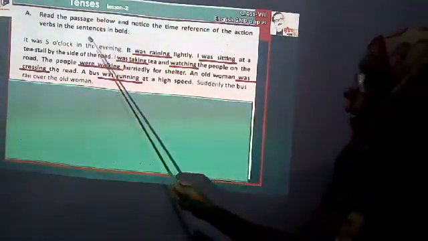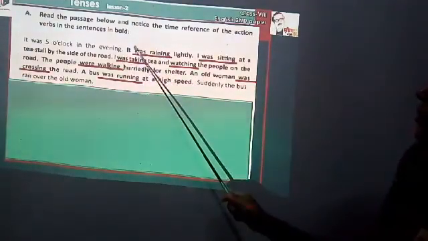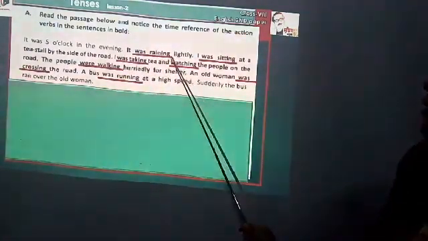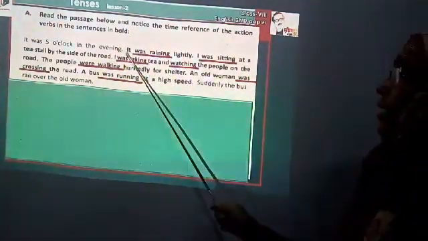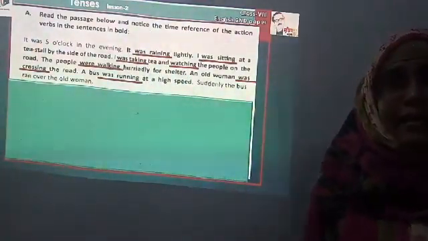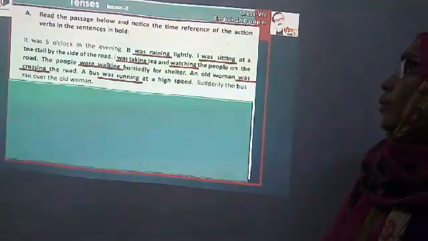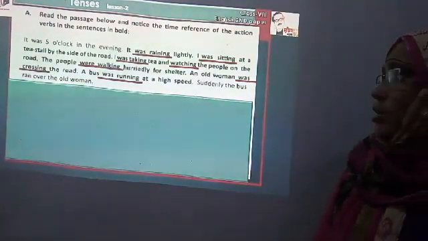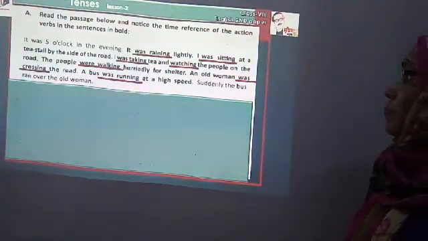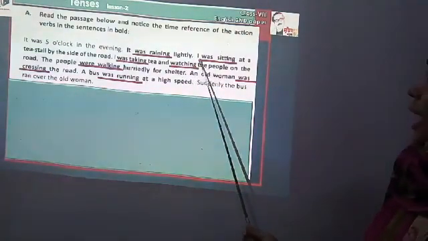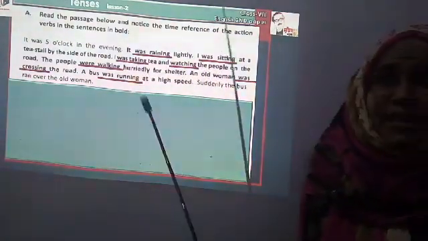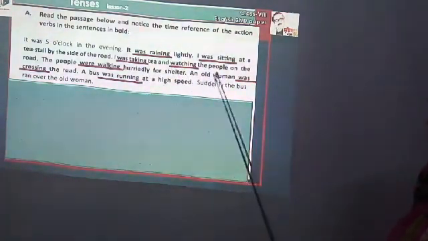Have you got the point? Here, I have also underlined something. It was raining lightly. That means action was going on at the past situation, the time of past. I was sitting, not in the present situation, in the past situation.